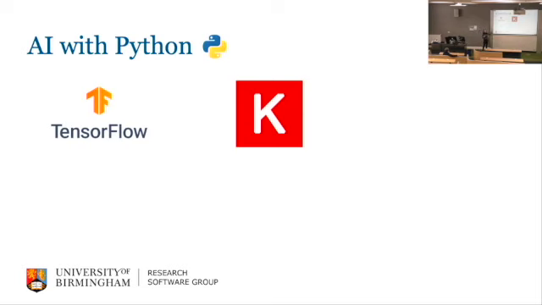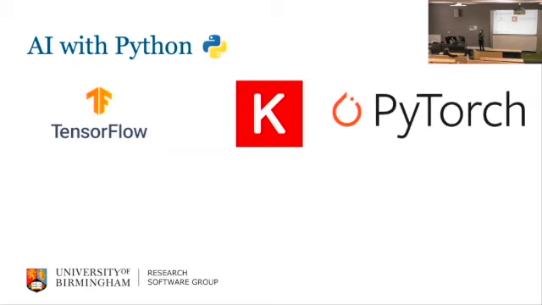TensorFlow is quite difficult to use in a sense, but you can use it in conjunction with Keras, which is a wrapper essentially that talks to TensorFlow. So these are two quite popular packages for deep learning workflows. Alternatively, for deep learning, you can also use PyTorch, which was originally developed by Meta AI, formerly Facebook.